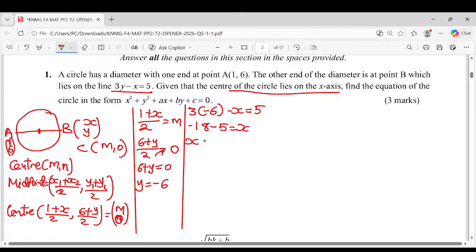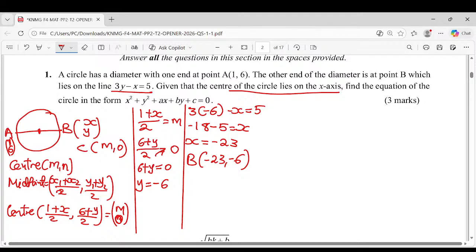Therefore, x should be equivalent to negative 23. So upon getting the value of x as negative 23 and we have y as negative 6, it means that the point B has the coordinates negative 23, negative 6. Those are the coordinates of point B.